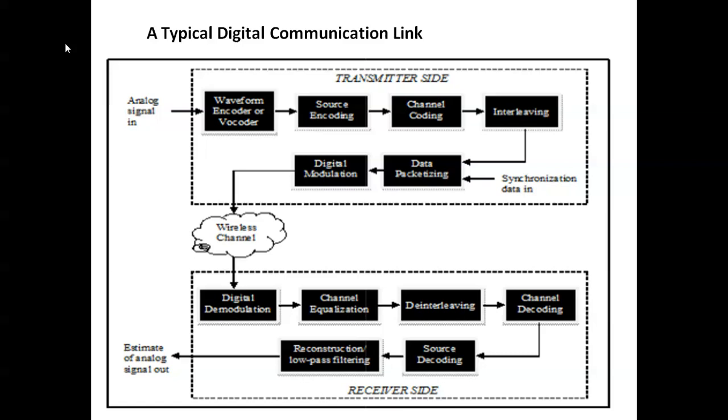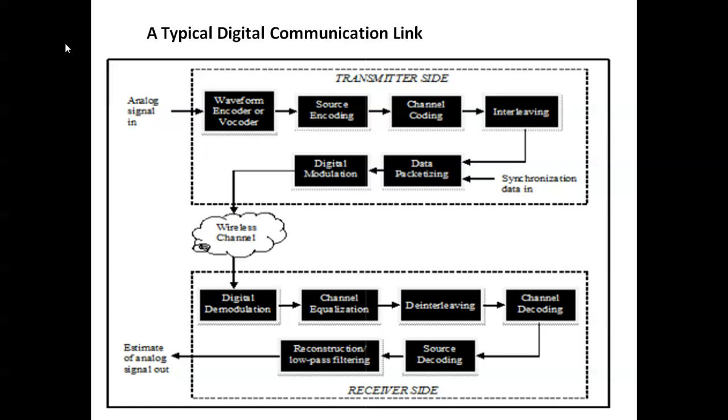In digital, we send the signal packet-wise. Consider 0 to 7, that is a byte. We synchronize the data byte-wise and send it to the channel. The total signal is divided into packets and sent through the channel, and finally the packets are received and the data is taken from the packets.